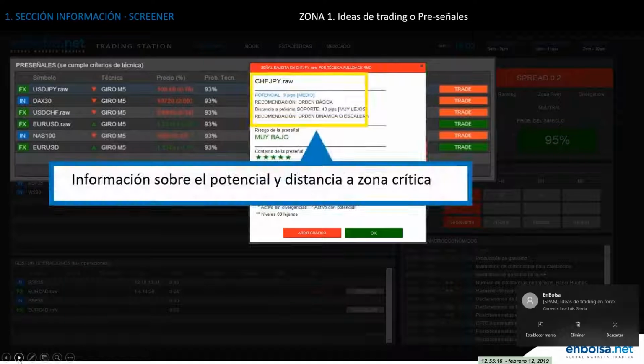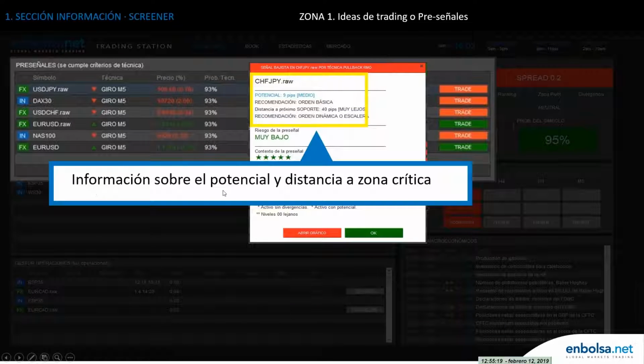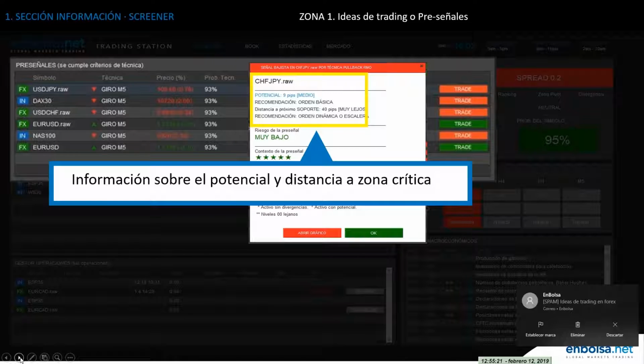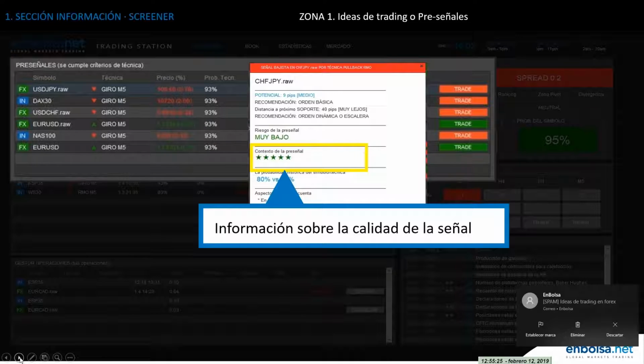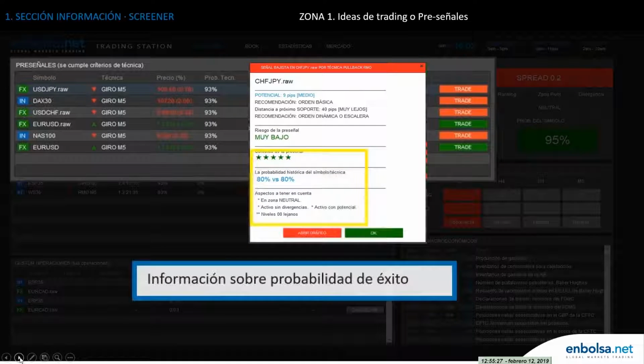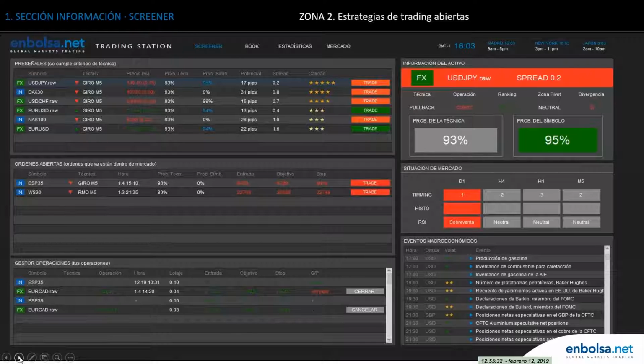As we can see, the information of the potential and distance comes in the first part, risk information in the intermediate part. Here we have the quality with its 5 stars, and finally the success probability and its explanation. To sum up, in the pre-signals group, we have relevant information and we can emphasize mainly the probability of success.